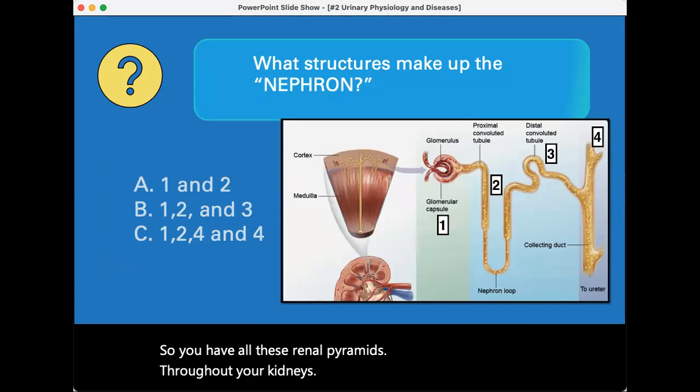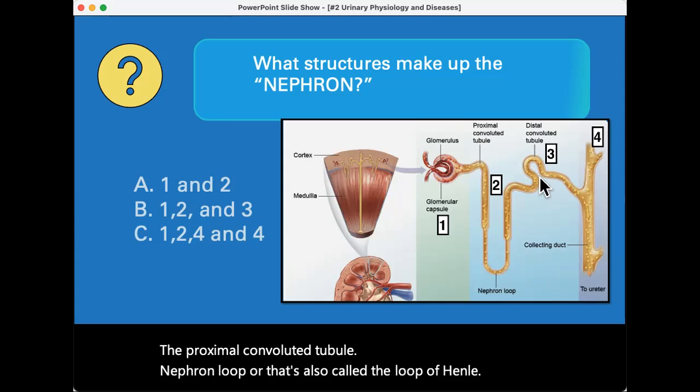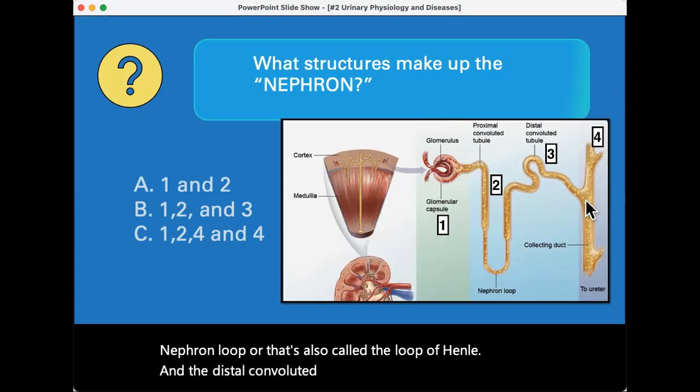So you've heard the term nephron. What structures make up the nephron? Is it the glomerulus, the proximal convoluted tubule, nephron loop, or that's also called the loop of Henle, and the distal convoluted tubule, or all of these structures, including this collecting duct?